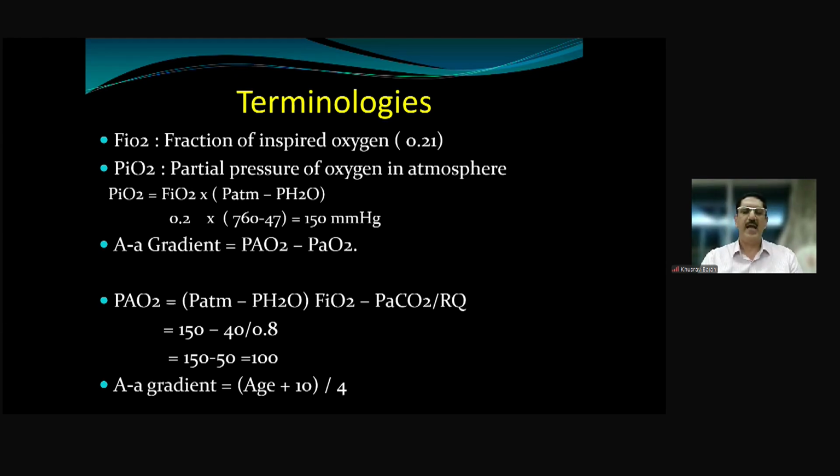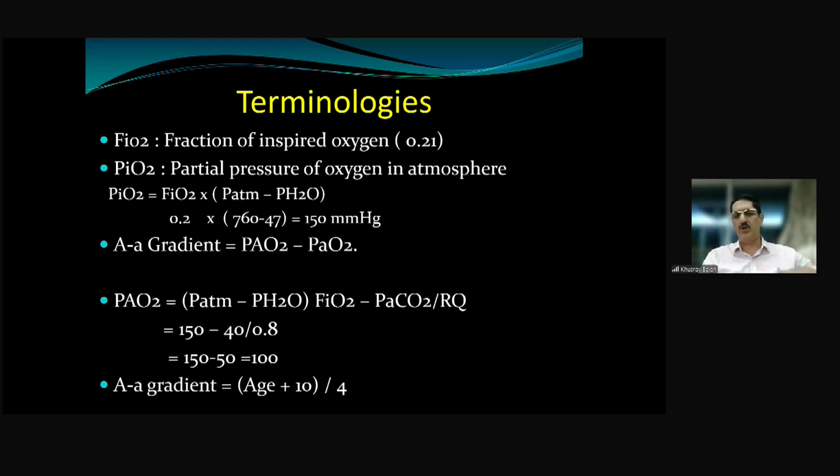And if you can't remember all these formulas, there is a very easy formula for PaO2, which is age dependent. So you have a 50-year-old or 60-year-old, then 60 plus 10. Let's keep it simple. A 70-year-old person, age plus 10 upon 4, would have a gradient of 20. So normally our gradient is just about 5 or 10, but as age advances, the gradient increases.